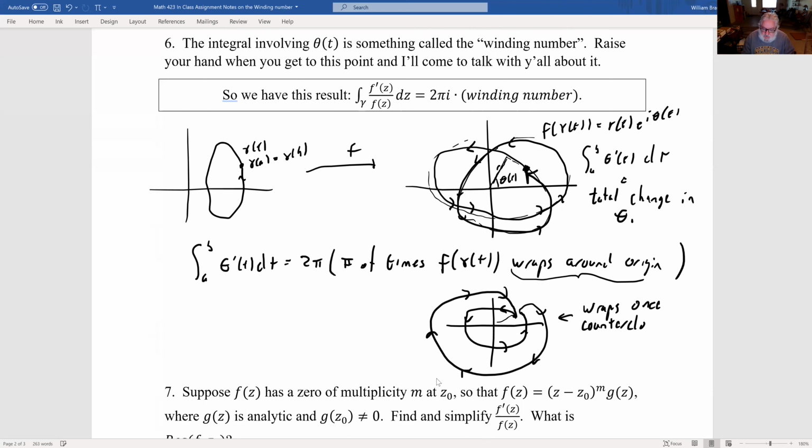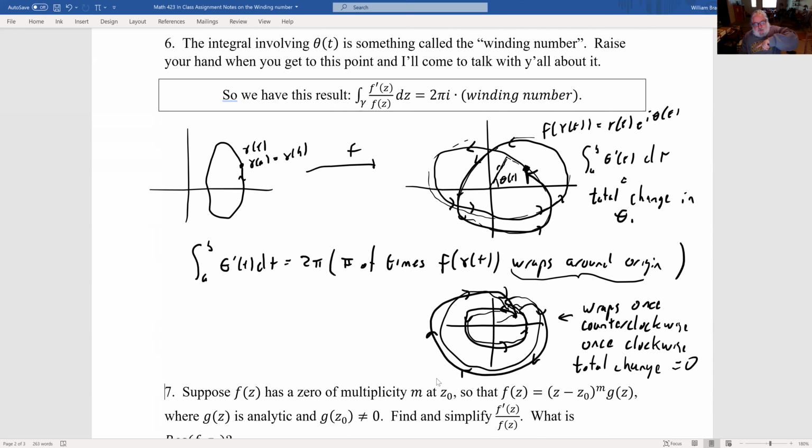Counterclockwise is positive, and clockwise is negative. So the total change for this one equals 0, because you go around once this way and then unwrap by going around the other way.